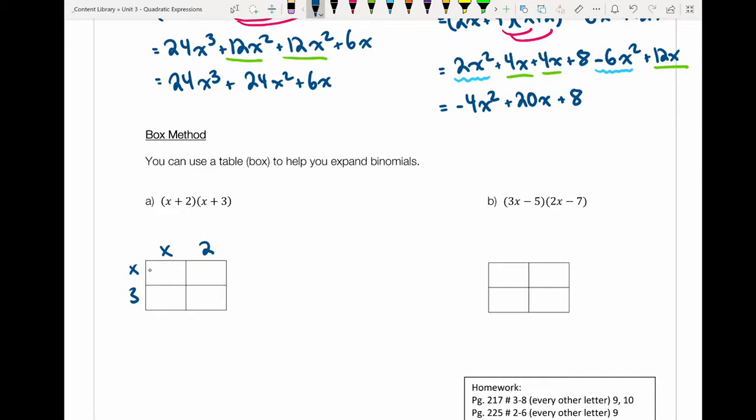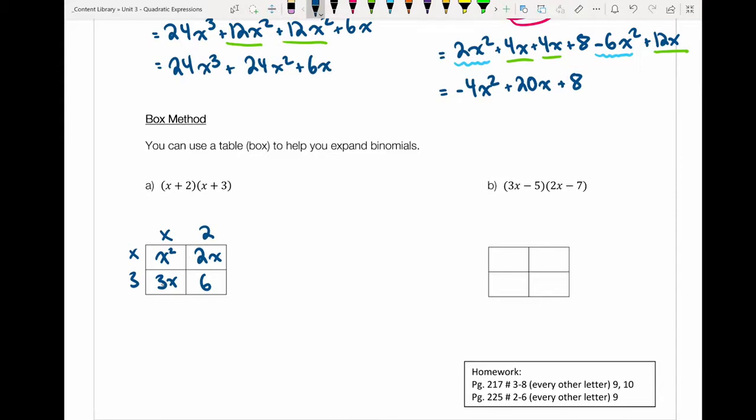So in this box here, x times x leaves me with x squared. The next box, x times 2 is 2x. 3 times x is 3x. 3 times 2 is 6. So everything in the box are all my terms.